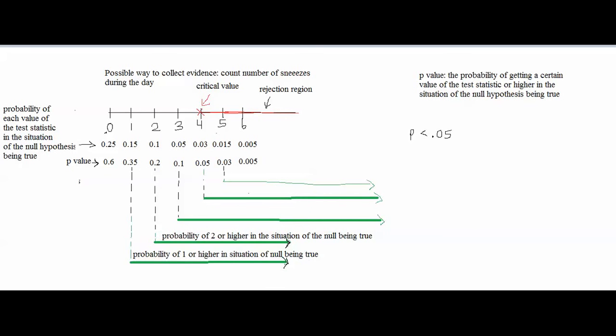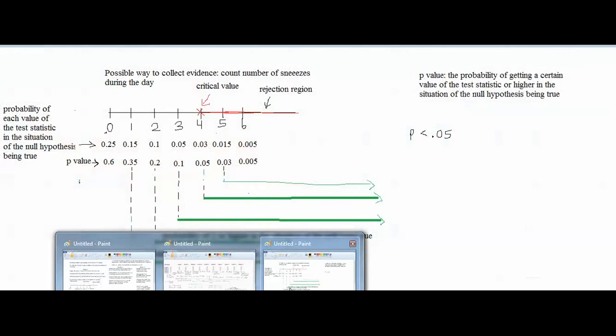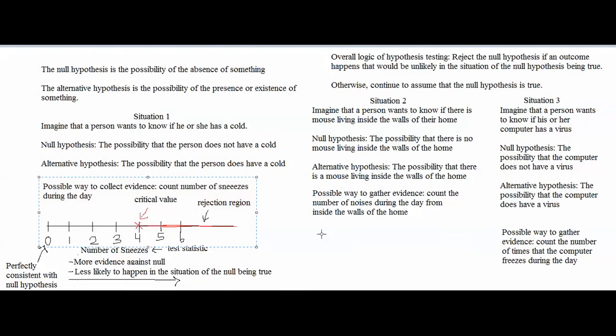So let's go back to situation 2. Let's say I hear 15 noises inside of the walls of my house during the day, and I decide that there's a rat living inside the walls of my house.